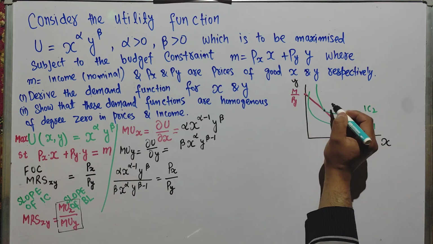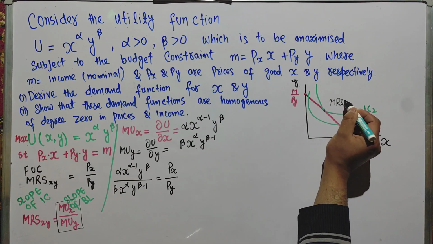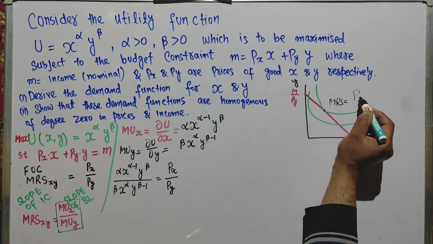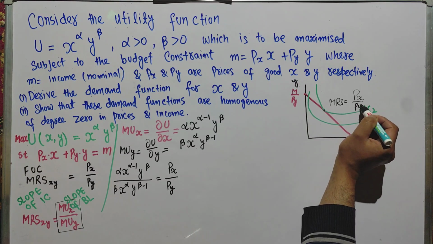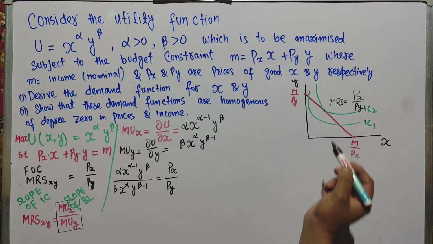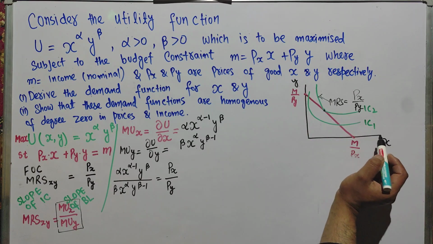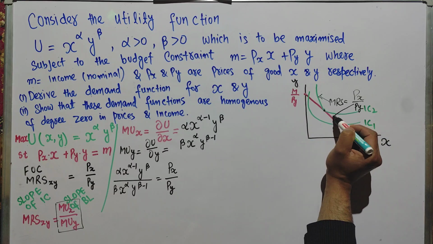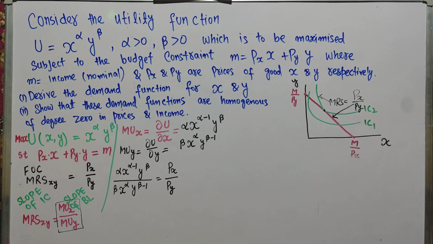In fact, at this point our MRS is equal to the ratio of the prices, that is price of x upon price of y. So MRS is simply the slope of this green curve, and px upon py is the slope of this budget line.